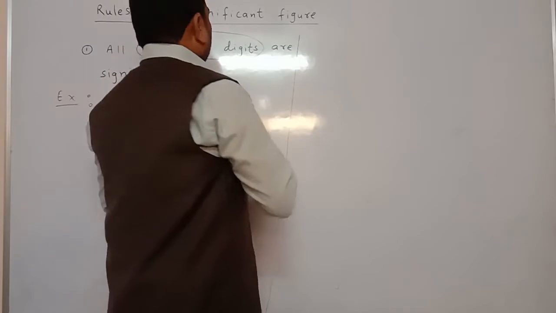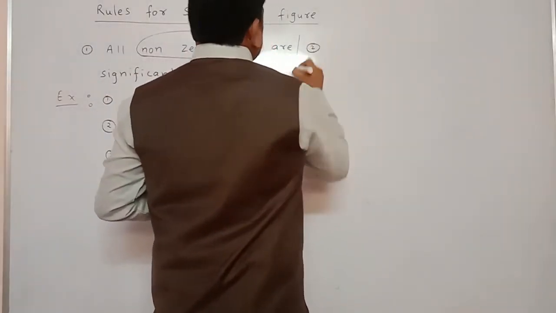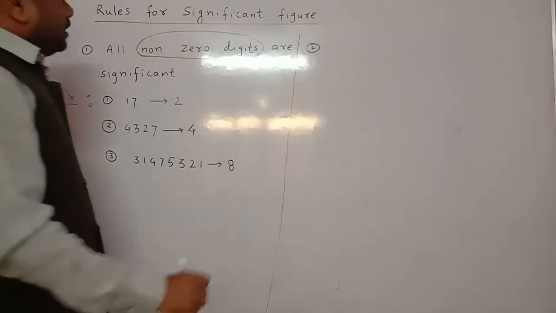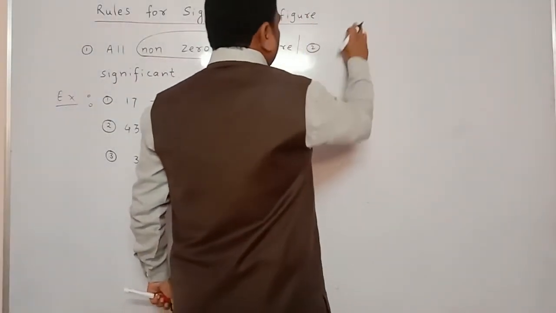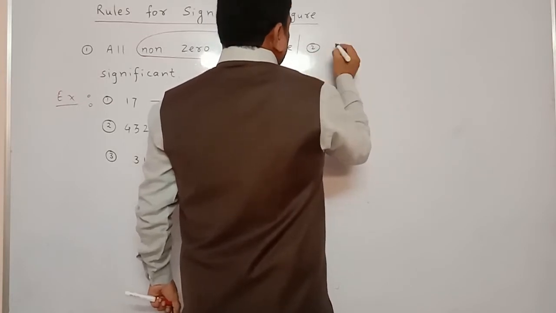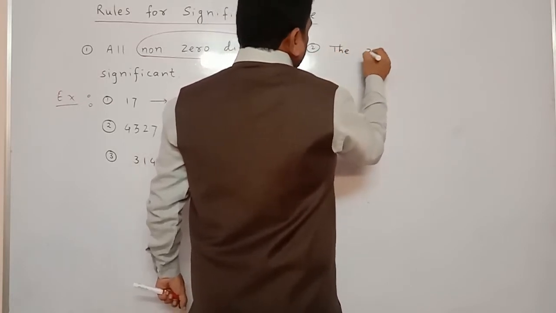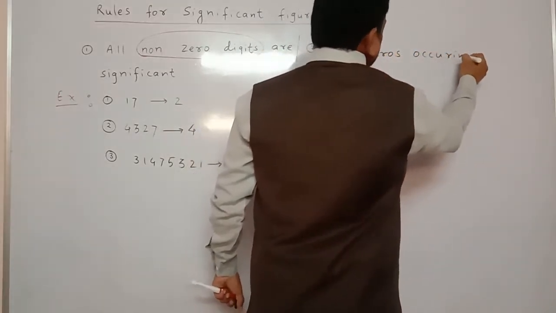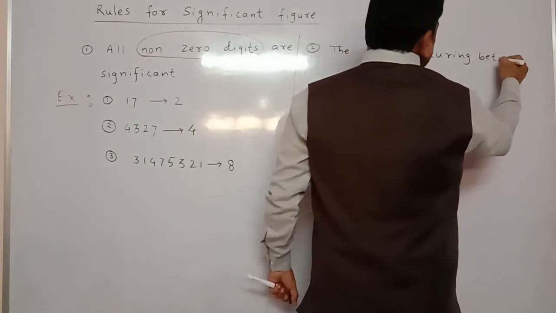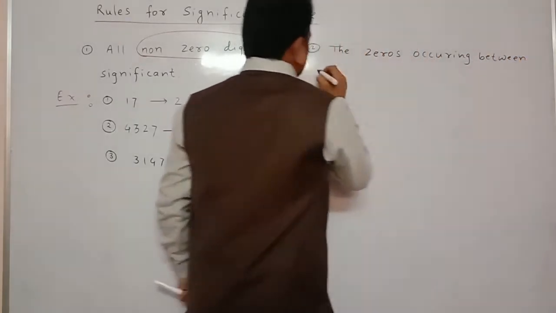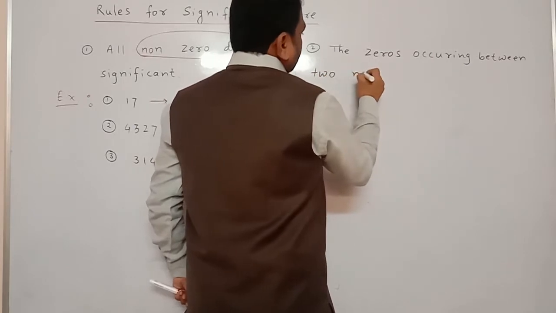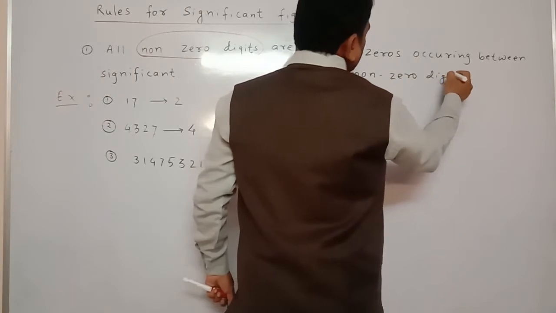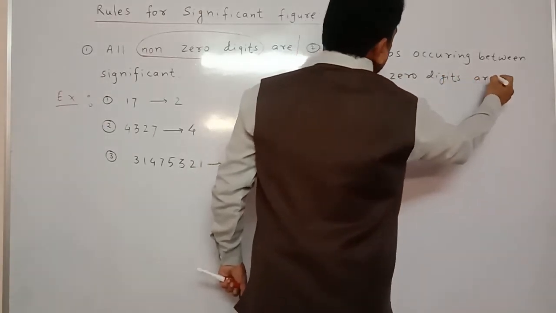Now the second rule to find the significant numbers from given numbers. To decide significant figures, the second rule is also important. That is, the zeros occurring between two non-zero digits are significant.